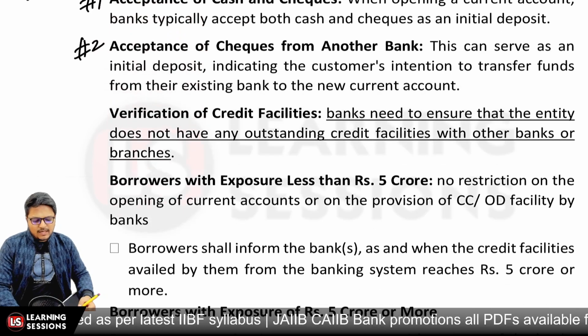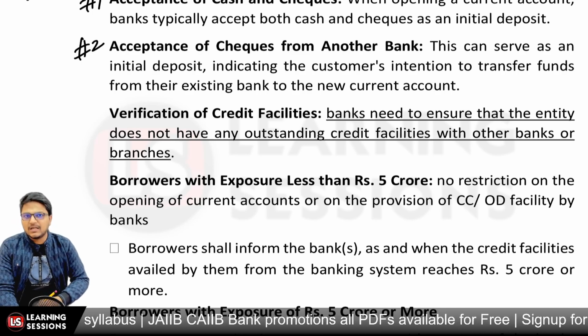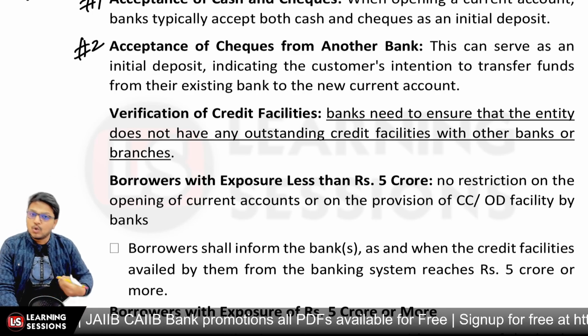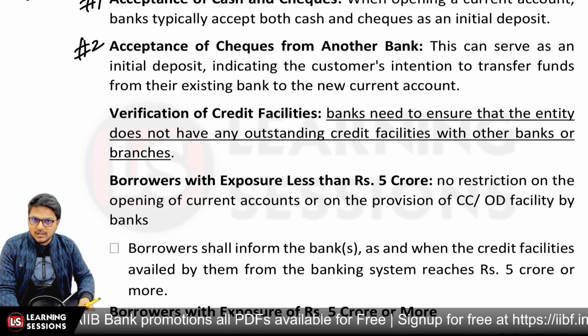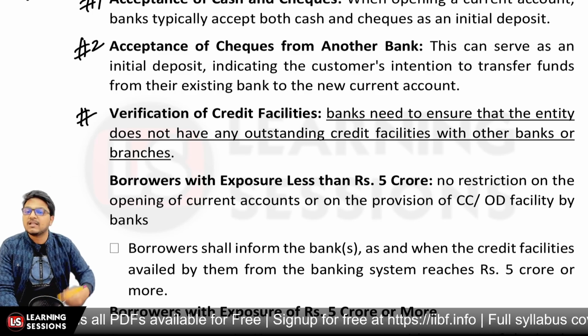And further, it's related to verification of the credit facilities. Now the bank needs to ensure that the prospective current account holder is not having any kind of outstanding credit facilities with other banks or branches.